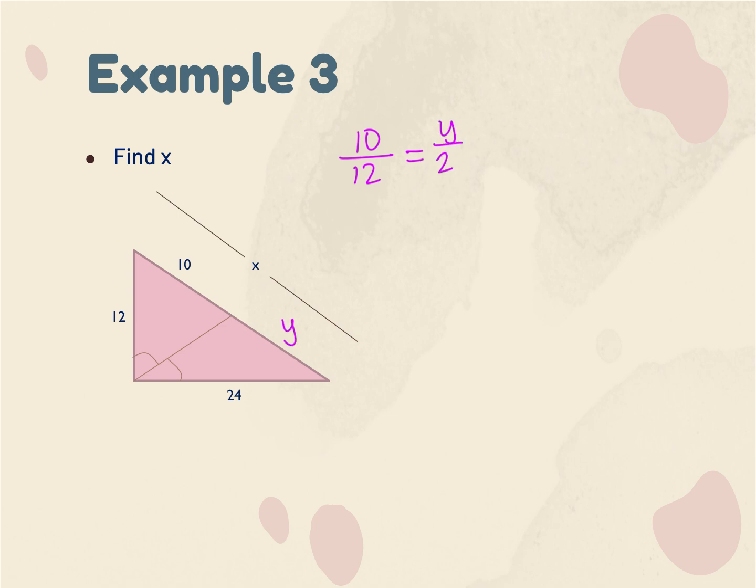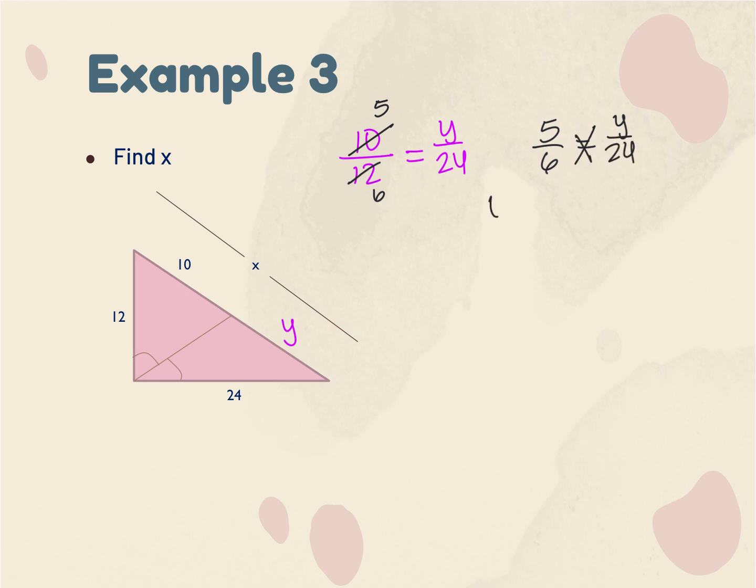Y over 24. Before I cross multiply, let me actually simplify. Simplifying 10 over 12 is going to give me what? Good, 5 over 6. I heard someone say it. Now it's going to give me smaller numbers.